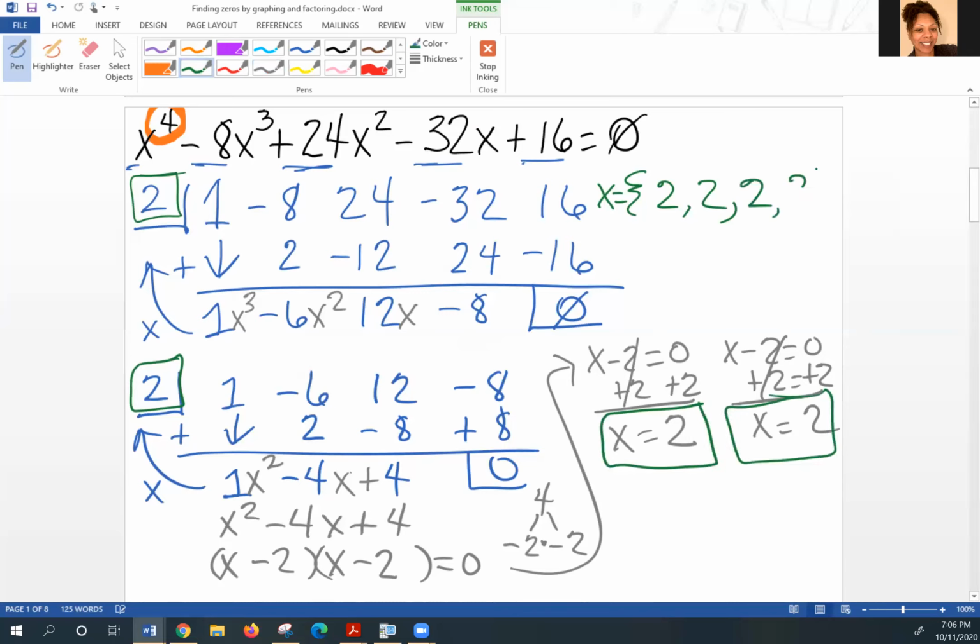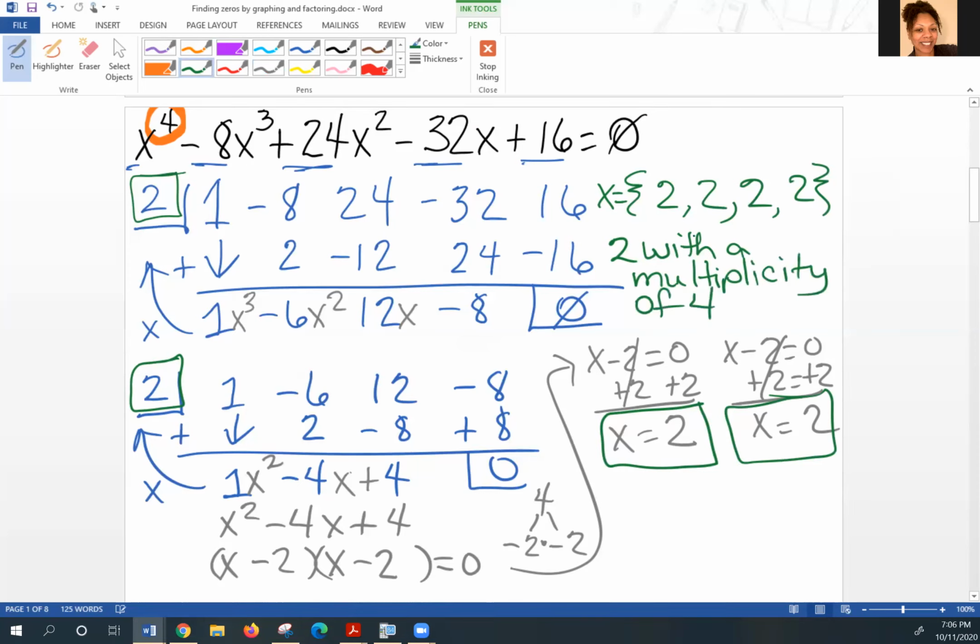So instead of writing it like this, x equals the set of 2, 2, 2, and 2, what we typically will see is 2 with a multiplicity of 4. It may not even say with a, it may just say multiplicity of 4.